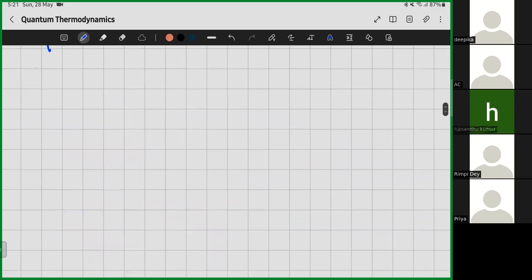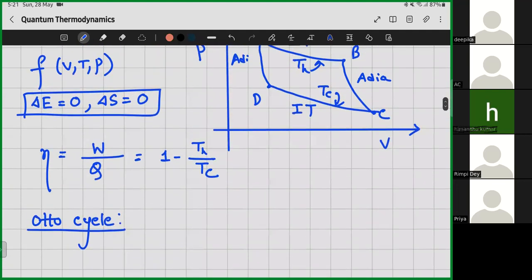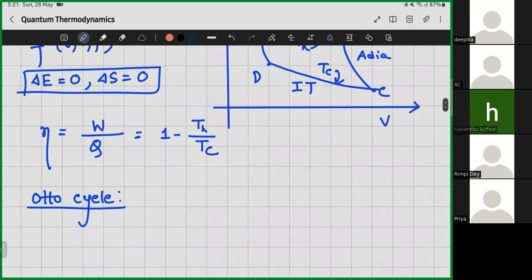But now the Otto cycle. So what is a physical example of the Carnot cycle? Like any real life example? Yes, any engine we can think about, a mechanical engine runs on the Carnot cycle. And also we have to remember that the efficiency of the Carnot cycle is the highest for any reversible cycle.